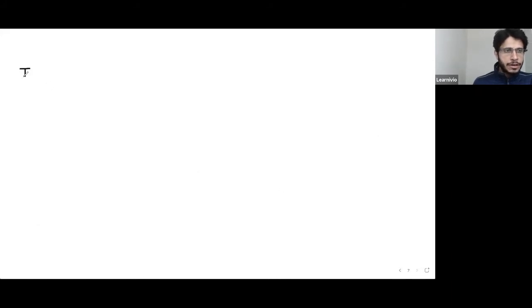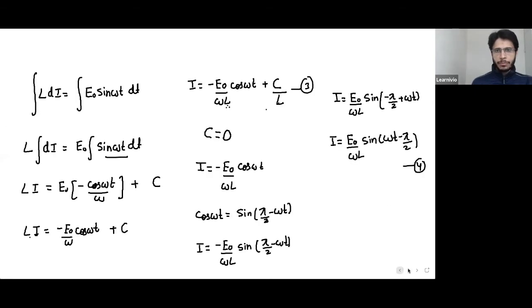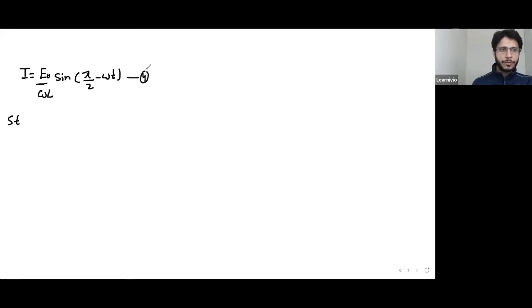I'm calling this equation number 4, and I'm just rewriting it. The standard equation of current is I equals I naught sine of omega t minus pi by 2.